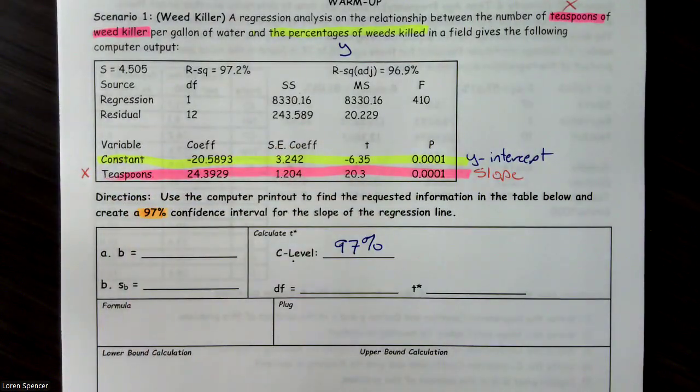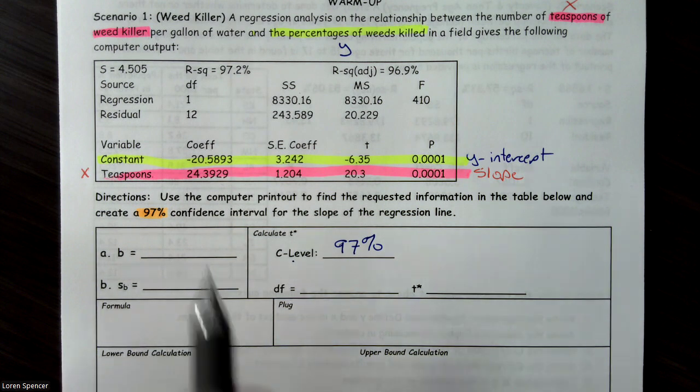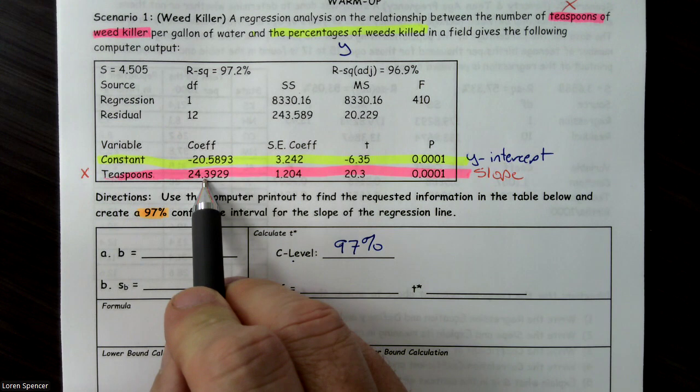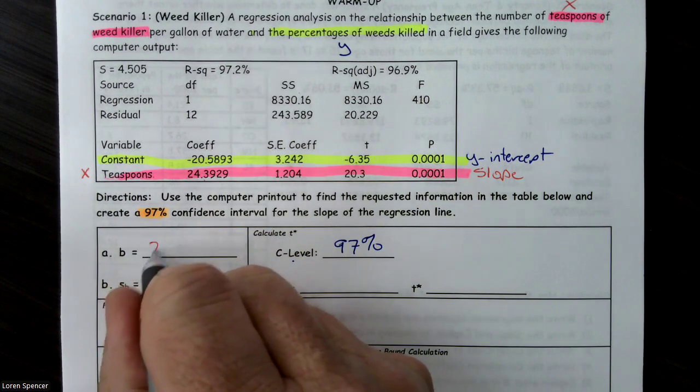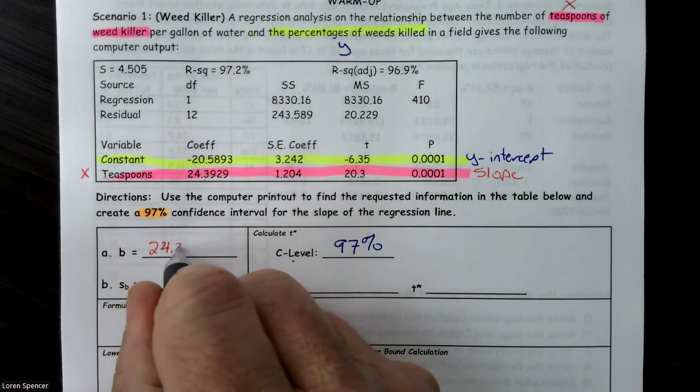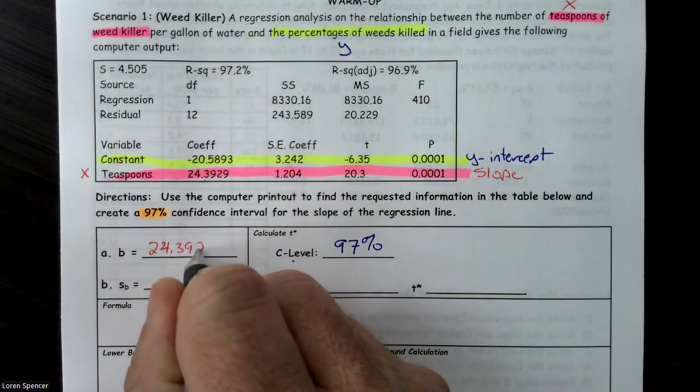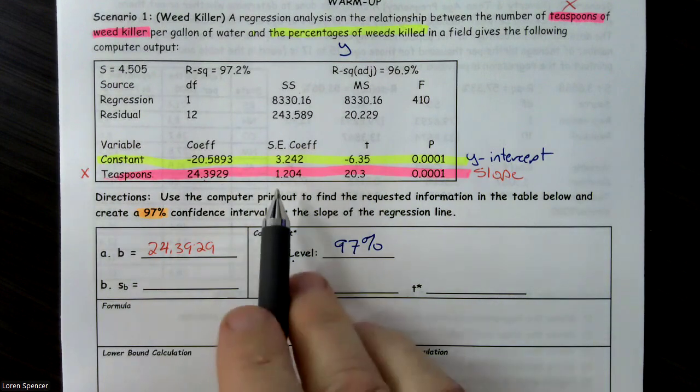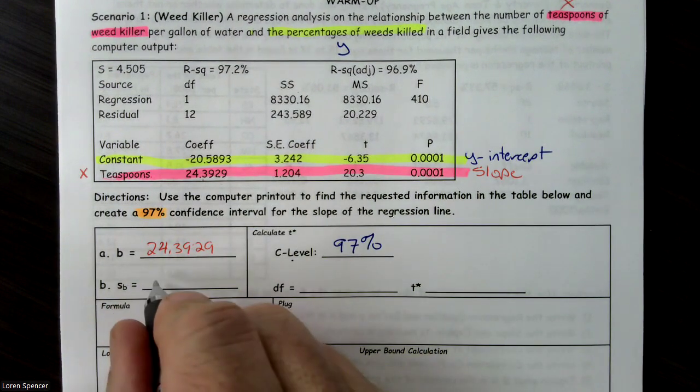Okay, so we need b, which is our slope, and our slope is 24.3929. And our SB is 1.204.